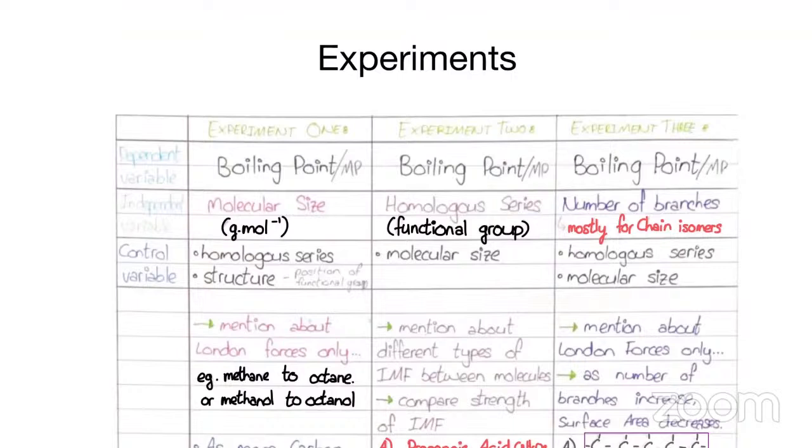Sorry, I mixed the two up. Let's start again fresh. Your independent variable is the one that you change, or the one that changes in the experiment.